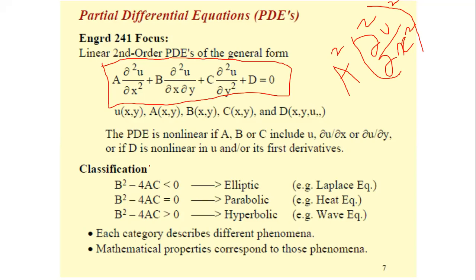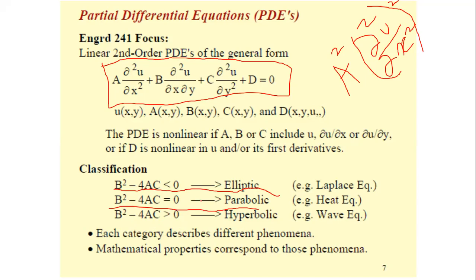So b square minus 4ac, if it is less than 0, we call this an elliptic partial differential equation. And if this is equal to 0, we call this a parabolic partial differential equation, and if it is greater than 0, we call this a hyperbolic partial differential equation.